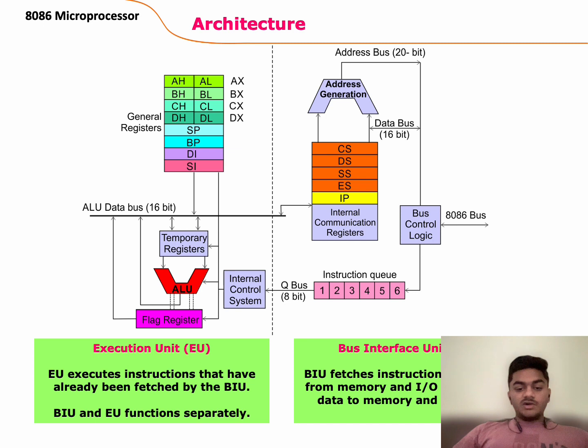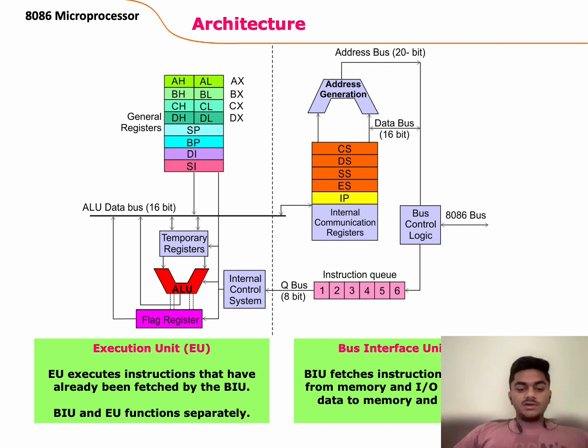It passes through the bus control logic, which is the 8086 bus, and it passes all instructions into the instruction queue bus of 6 bytes: first, second, third, fourth. What does that mean? The first instruction is fetched by the address generation, then the second, then the third.